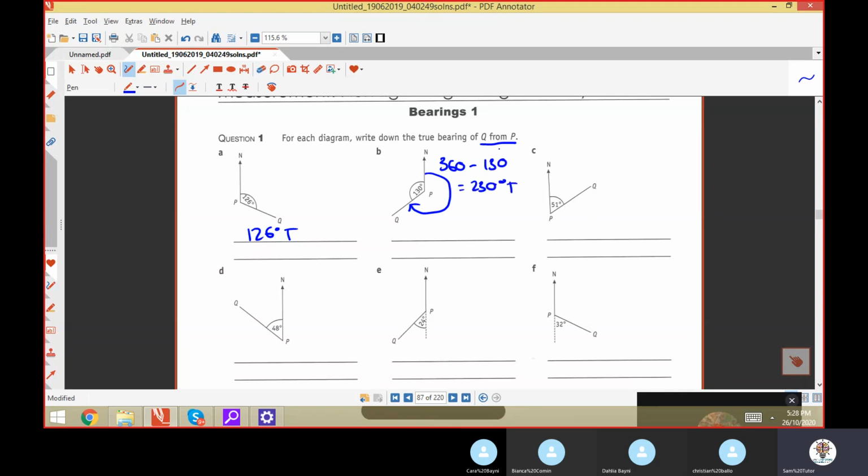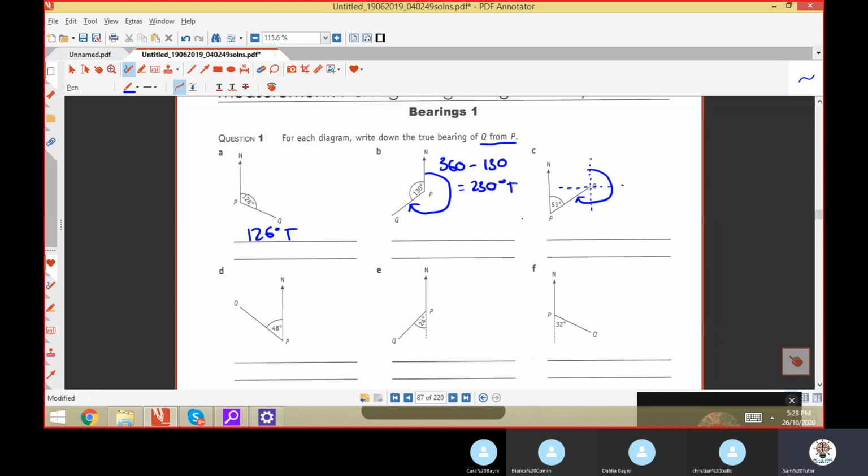This one from P, you got to do another compass thing here, go all the way around. Yeah, C is a little bit more working out actually. How would you girls solve C?